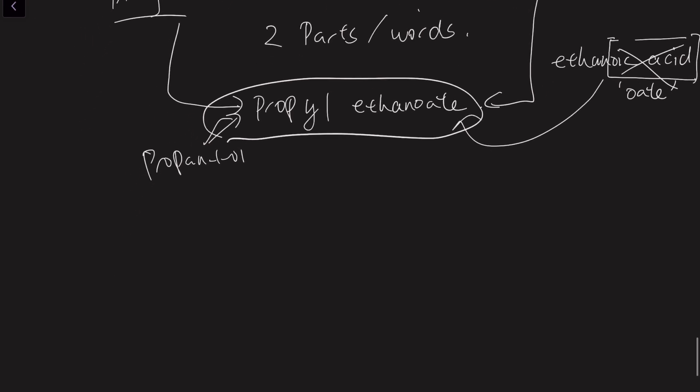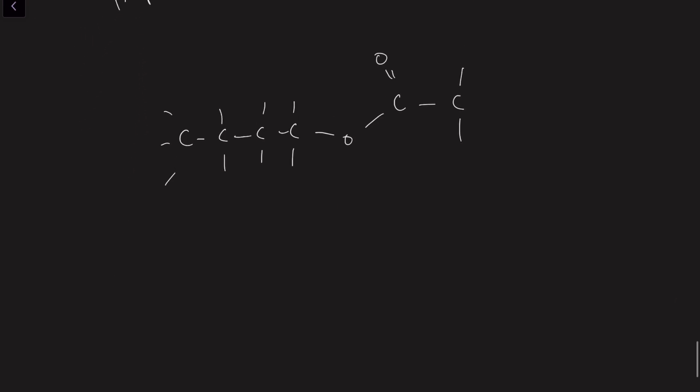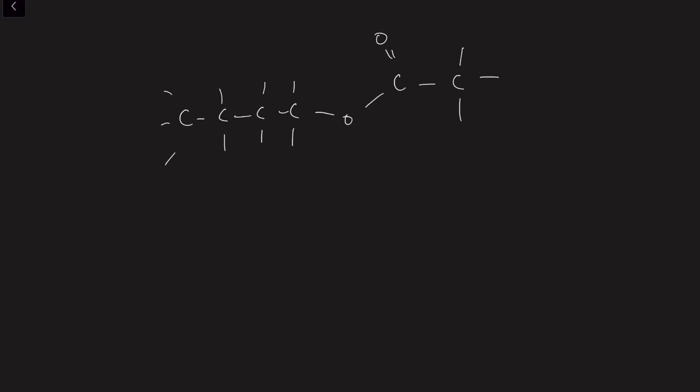So now let's name this molecule. How can we tell which one comes from the acid and which one comes from the alcohol? The acid, remember, is always something connected by a double bond to this particular oxygen. So this part is the acid, and this part is the alcohol.